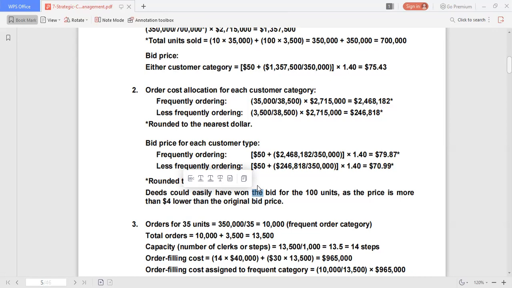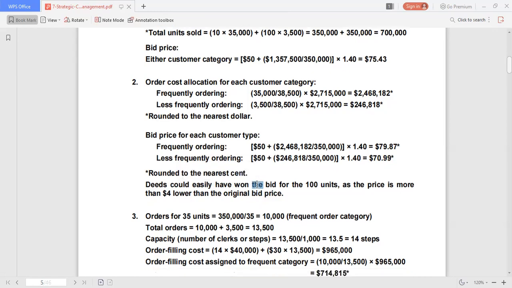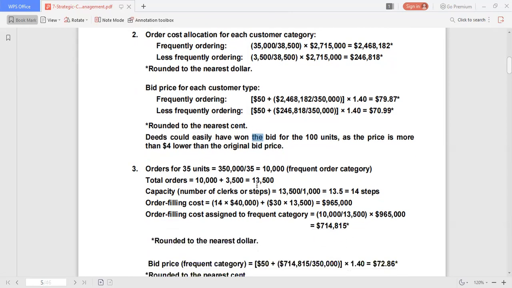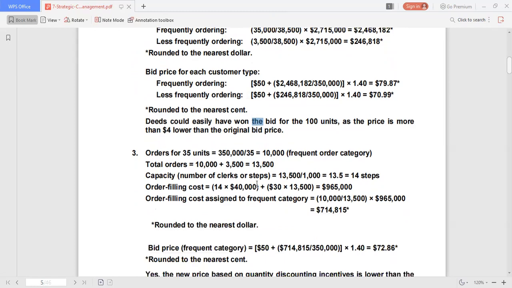965,000. So the order filling costs assigned to the frequent category is 10,000 divided by 13,500 times 965,000, or 714,815.